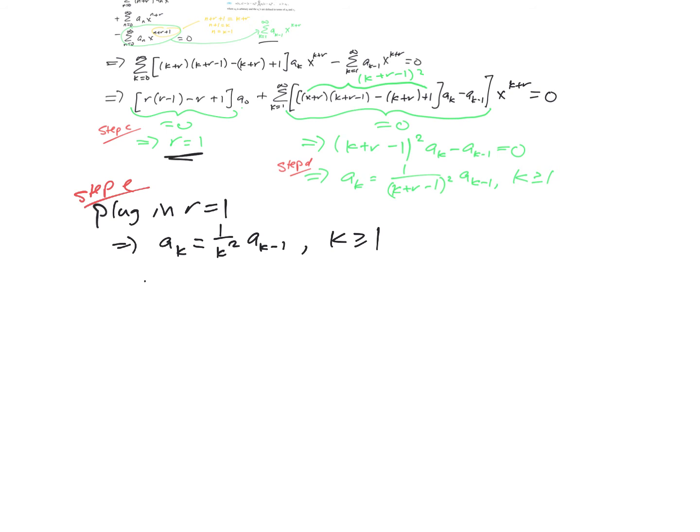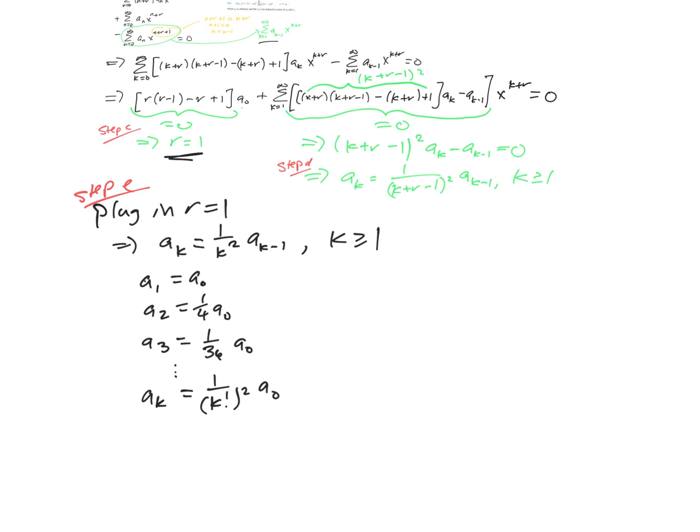And so if we plug in a couple values, we get a_1 equals a_0, a_2 equals 1/4 a_0, a_3 equals 1/36 a_0, and if you think it out, you get a general form: 1 over (k factorial) squared times a_0.